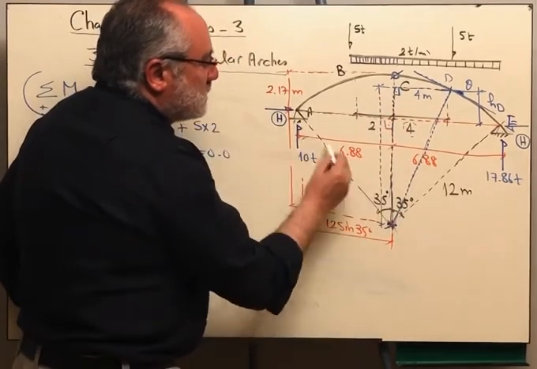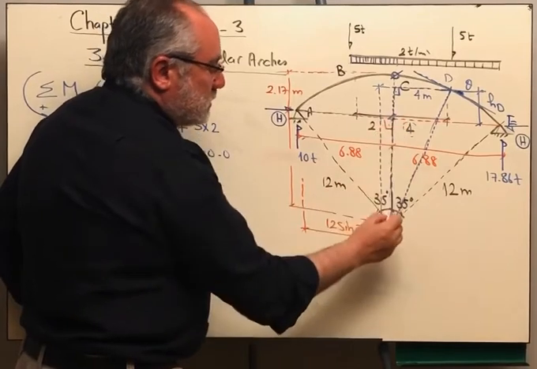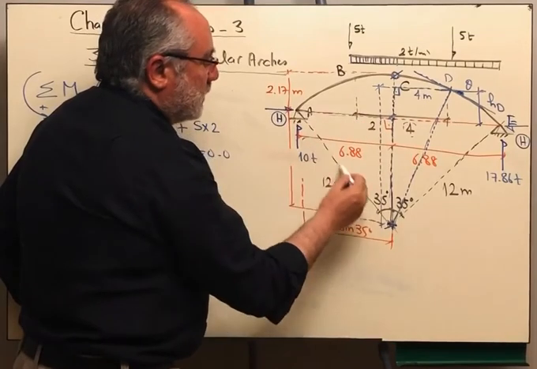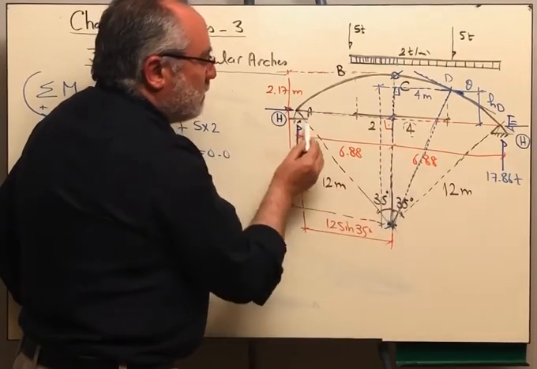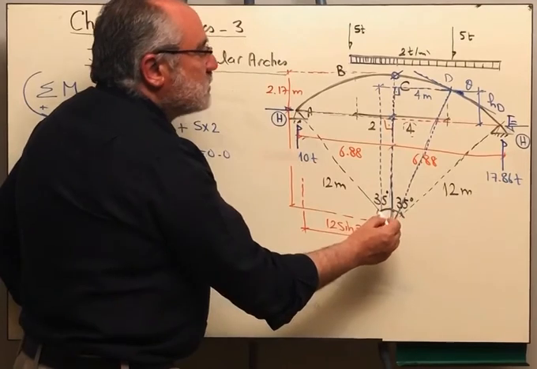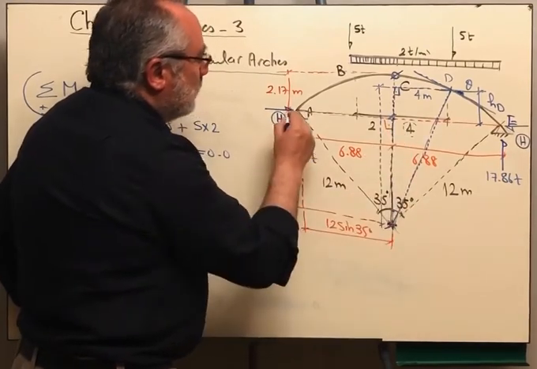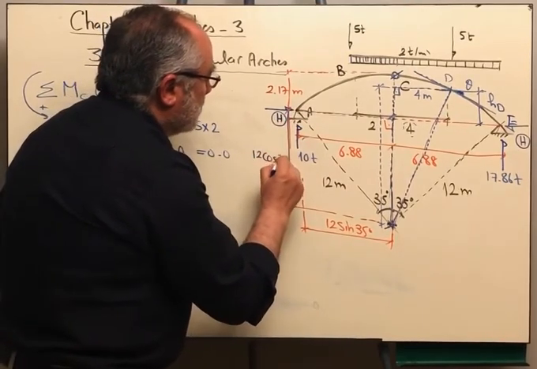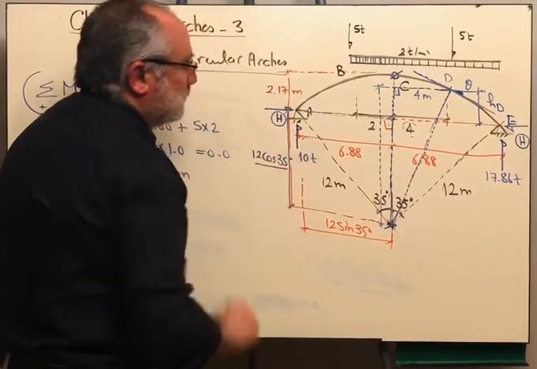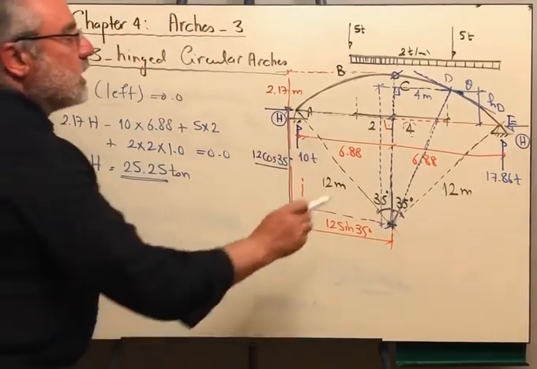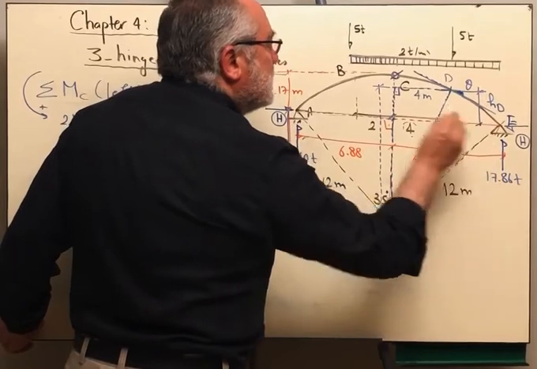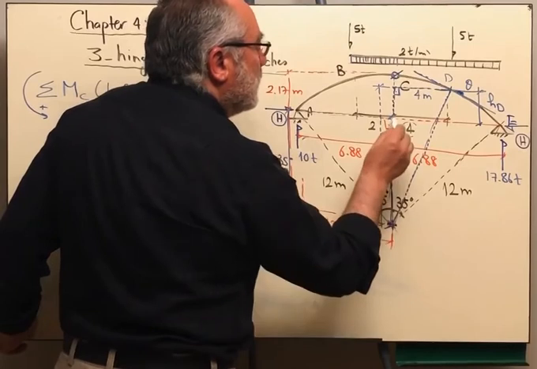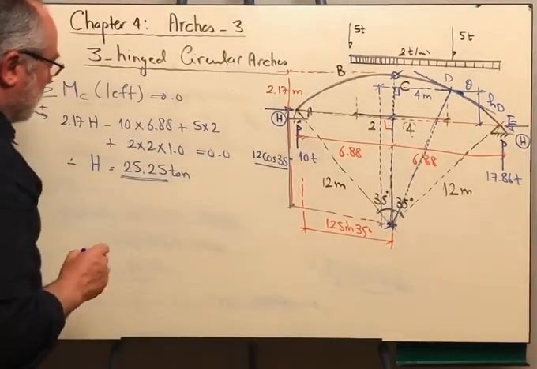I know from this triangle that the height from this point to this point is 12 cosine 35, where the hypotenuse is 12 and the angle is 35 degrees. We got this before. This distance is 12 cosine 35 degrees. Therefore, the height at point D should be equal to the height of the right angle triangle minus 12 cosine 35.